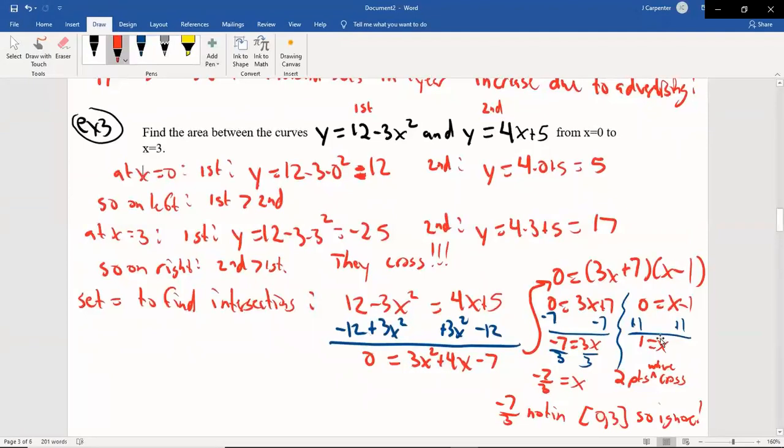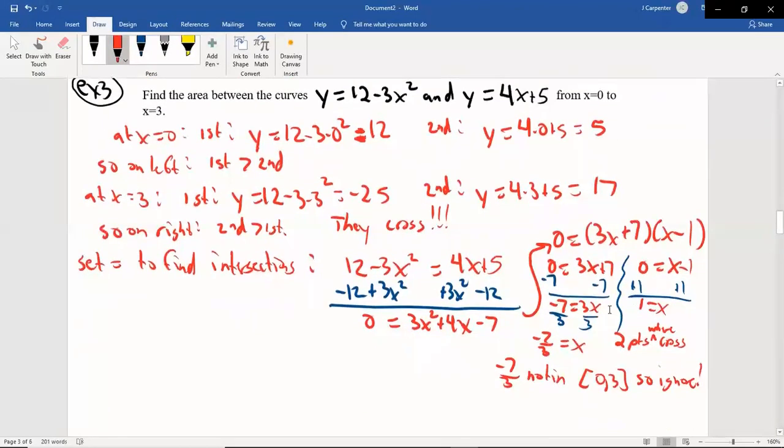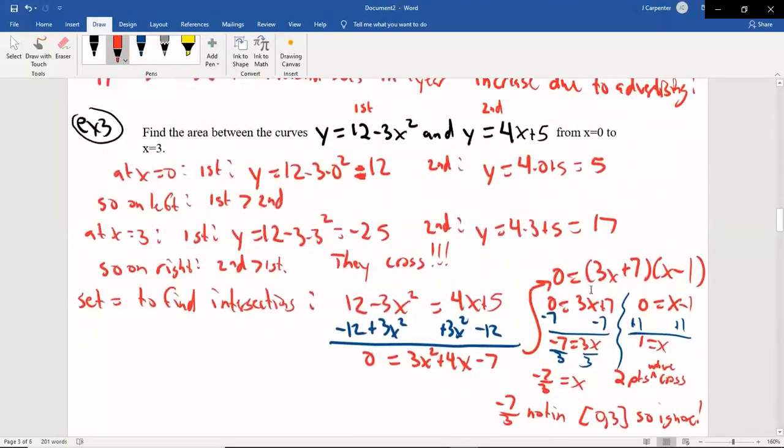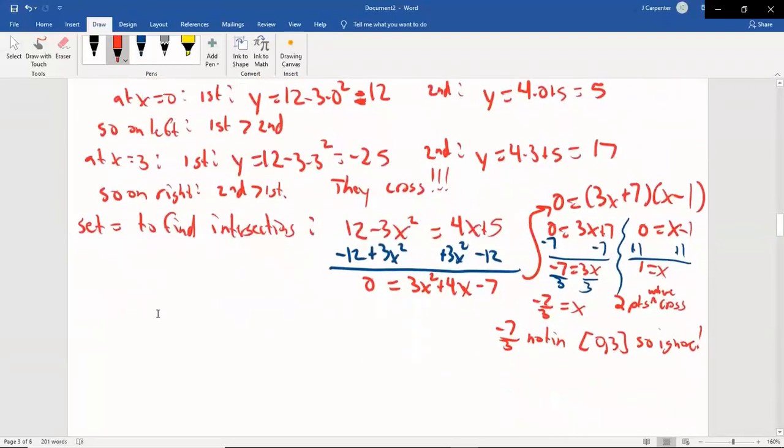The first example we did graphing, then algebra, so I wanted to flip-flop it here. So we're integrating from 0 to 3, but not quite. Since they cross, we can't just integrate 0 to 3 in a single integral.